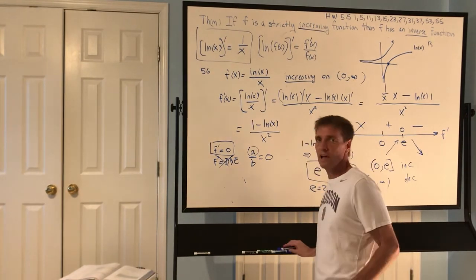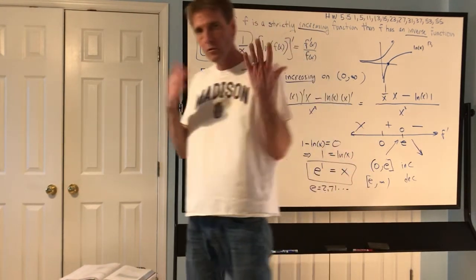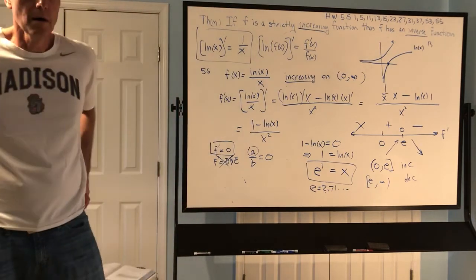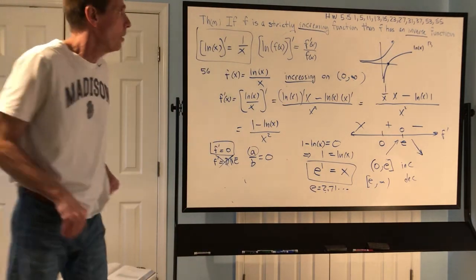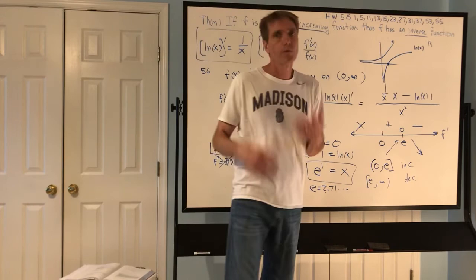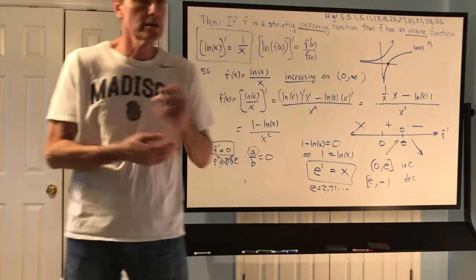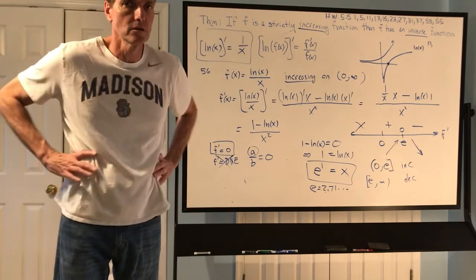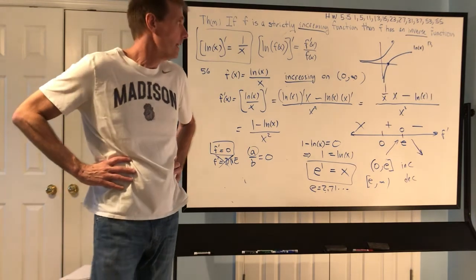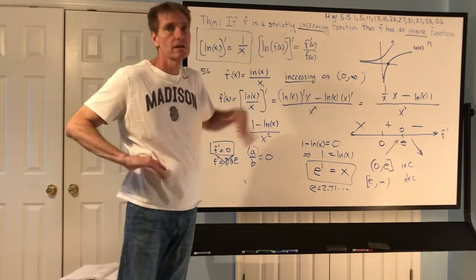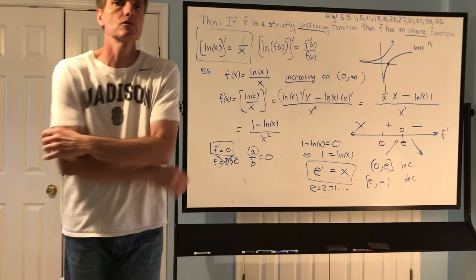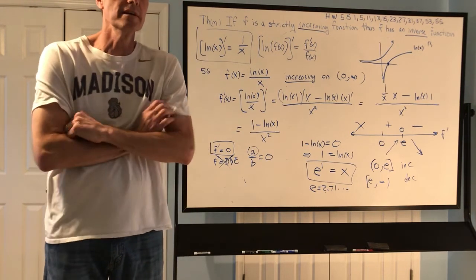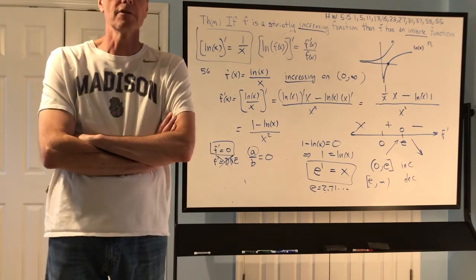Okay, so here's some examples related to the natural log function. And here's some homework for that. Now what we're going to do next time is spend a little bit more time developing some properties, kind of like those 10 properties we had for e to the x, but for the natural log.